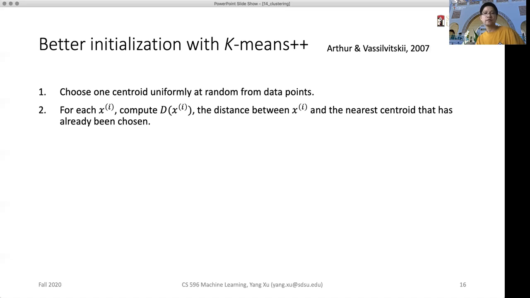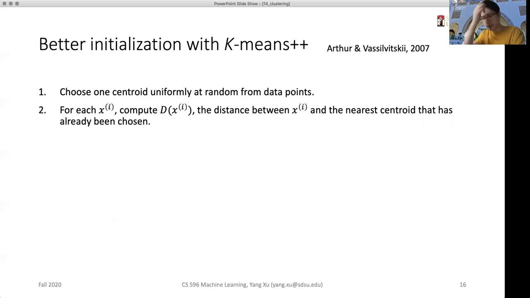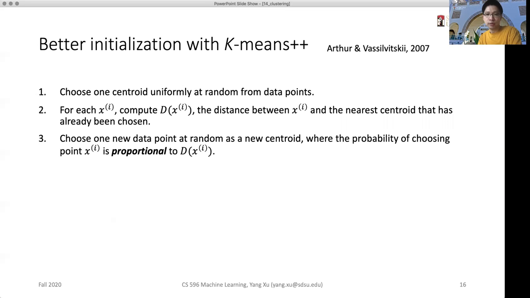So after a centroid is chosen, for each data point, we will compute the D of that data point, which is the distance between that data point x i and the nearest centroid that has already been chosen. Okay, so the distance value will be updated each time after a new centroid is chosen. But the technical part is that when we choose a new data point as a new centroid, the probability needs to be proportional to the distance.